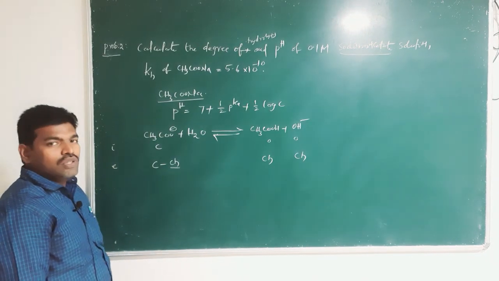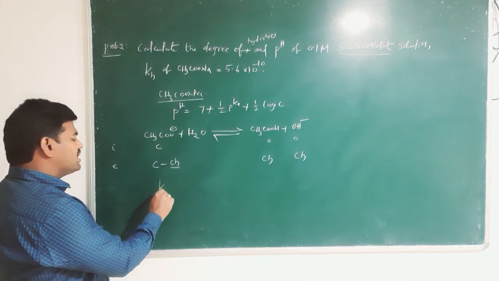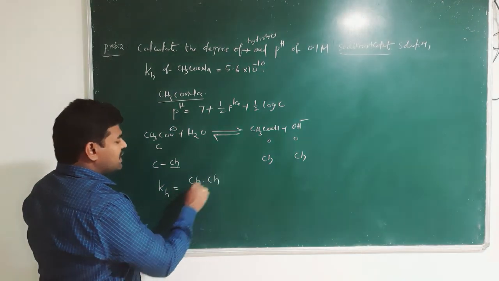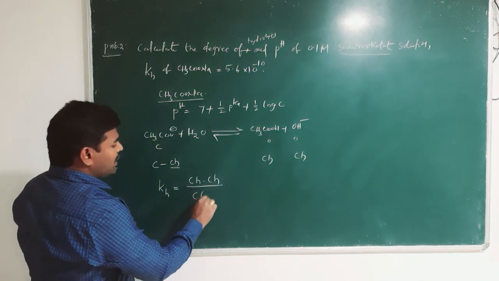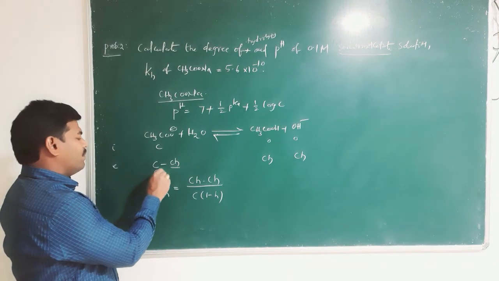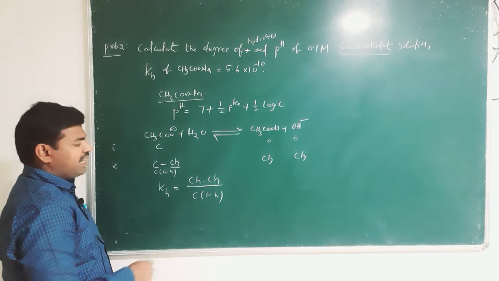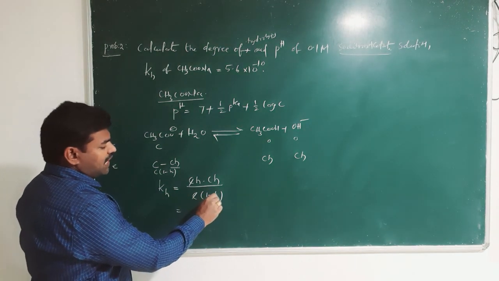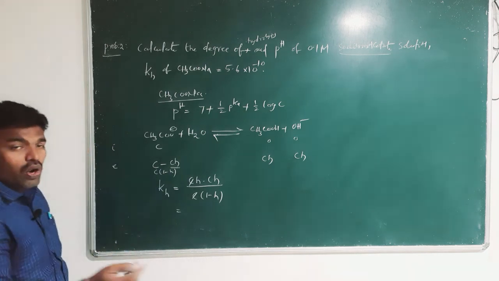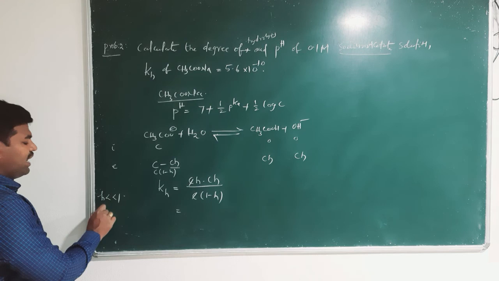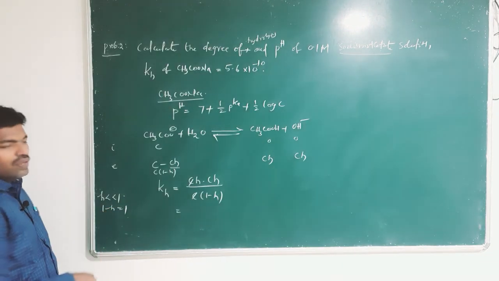So we can write the hydrolysis constant Kh is equal to Ch into Ch by C into 1 minus h. After cancelling the C, if h is less than 1, which we already know, then we can write 1 minus h is equal to 1.